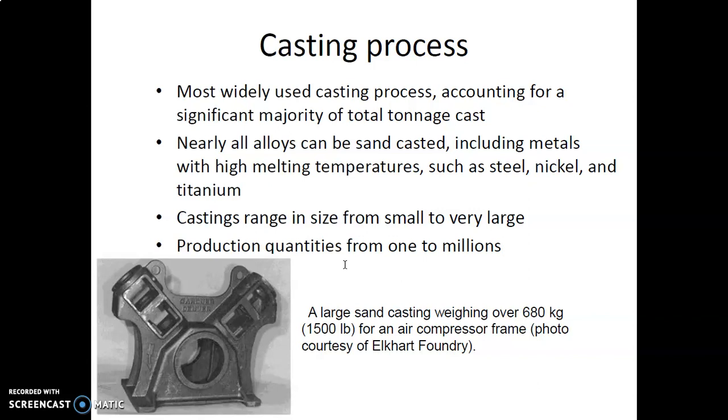Casting ranges in size from small to very large, and in product quantity too: you can produce one component, or if you want, a million components, with the casting process. So this is a very common process, and each and every industry has a casting unit. Here you can see a very simple photograph of an air compressor fan, which is actually cast.